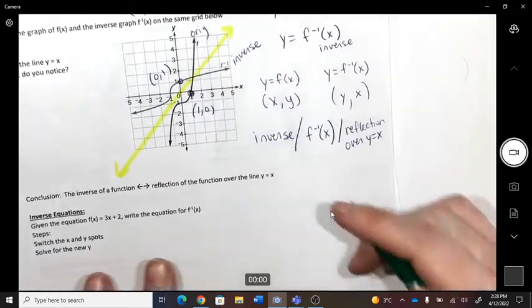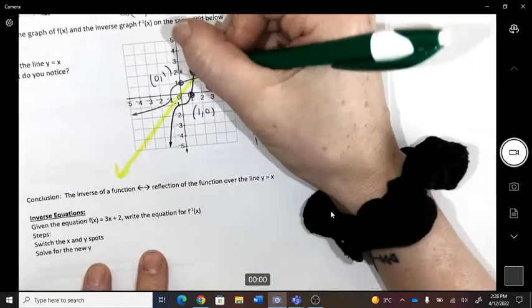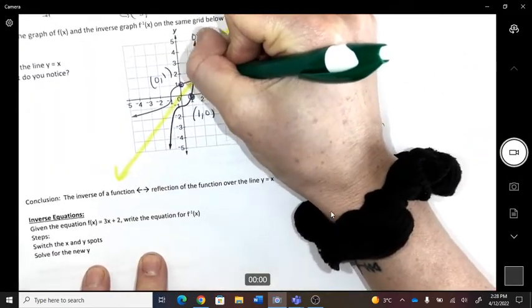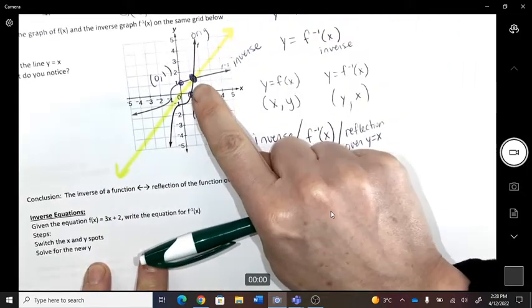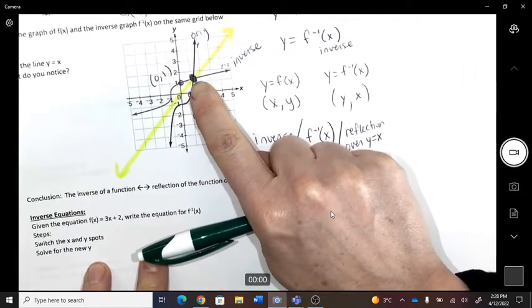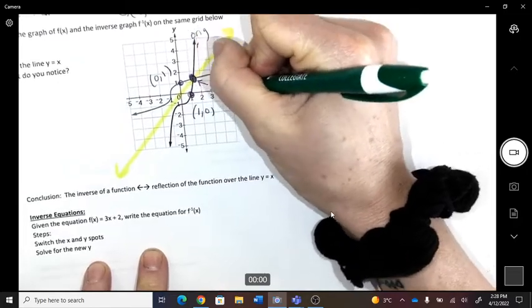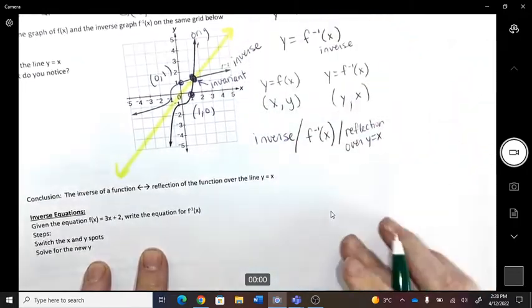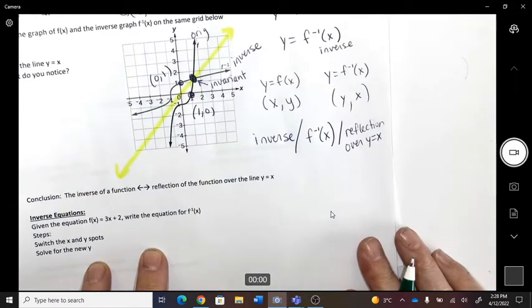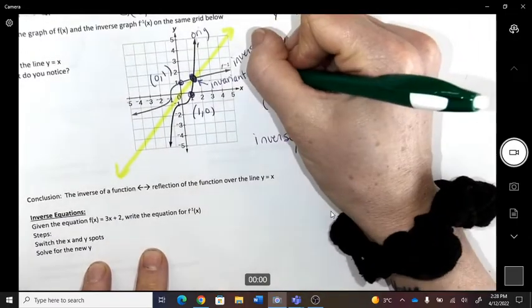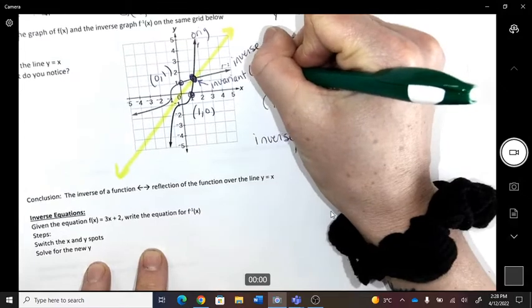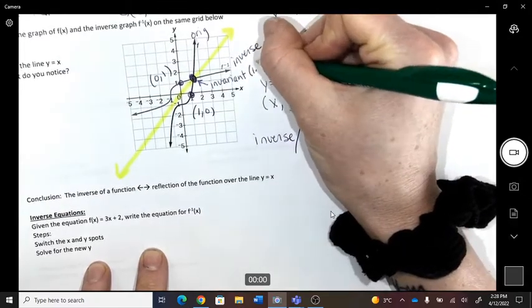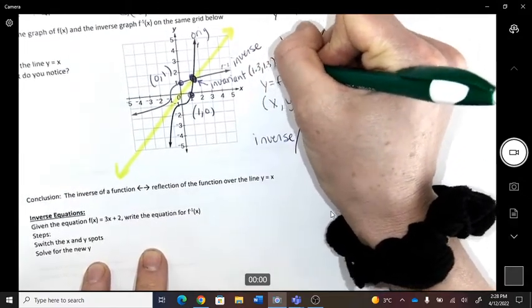The 1, negative 1? No? This coordinate right there. What's that? I don't know what the coordinate is. I think it's something like 1.3, comma 1.3.